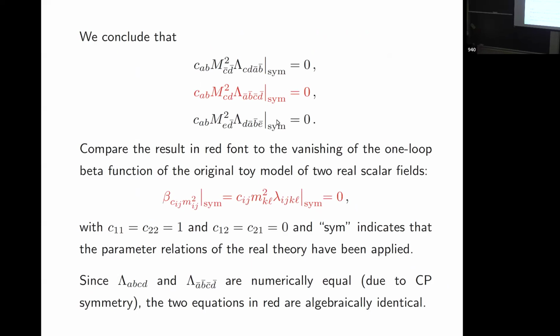And now if I look at this second one, and if you look carefully, now remember, because these parameters are all real now, because I've imposed reality on the parameters by CP, this equation looks exactly like the beta function equation of the original real theory. And so this so far is just one loop, but in one loop, I've now explained this vanishing of the beta function in terms of the vanishing of one of the pieces of the beta function in the complexified theory.